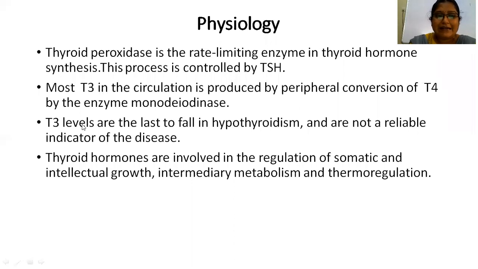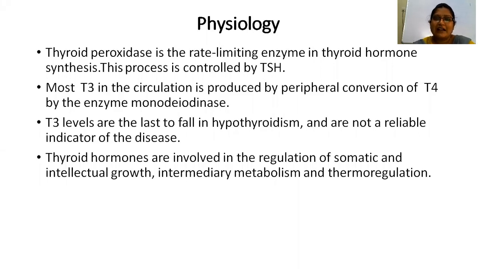T3 levels are the last to fall in hypothyroidism and are not a reliable indicator of the disease. Peripheral conversion of T4 to T3 happens due to D1 receptors, mainly in thyroid and brain. Other sites of conversion of T4 to T3 are liver and kidney.